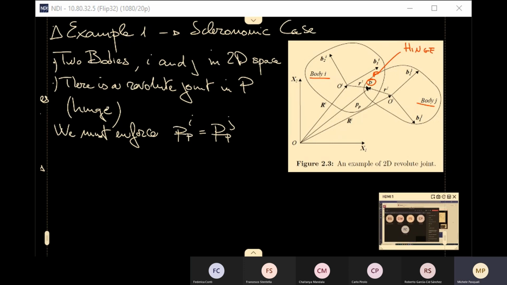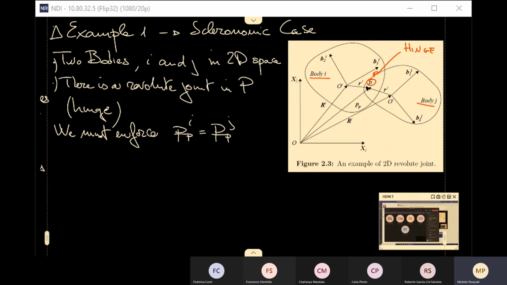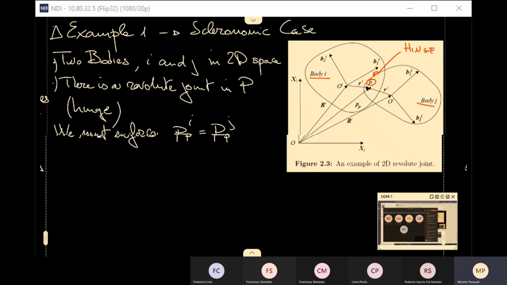That's what we have to say. Is this clear? Because it's a revolute joint, so it must be said that when I describe the position of point P, taking into account the local frame of body I and J, the result must be the same, okay?